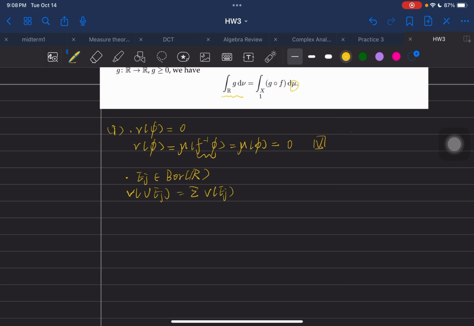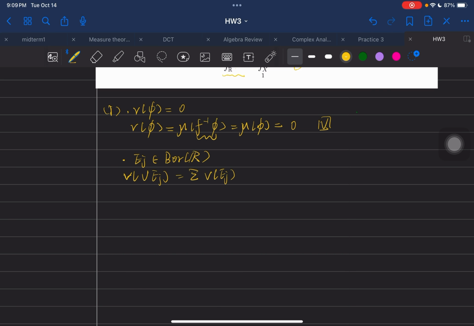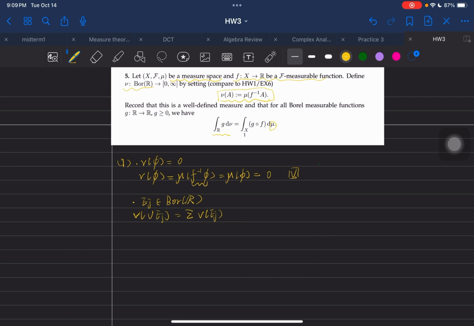So let's recall the Borel sigma algebra. The sigma algebra of Borel sets is the smallest sigma algebra that contains all the open sets. So it might contain all the other sets as well. Okay, then we're still gonna rely on the definition.